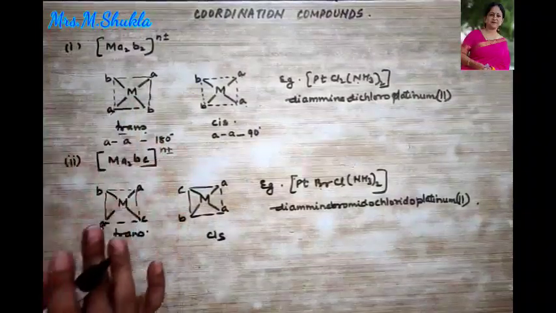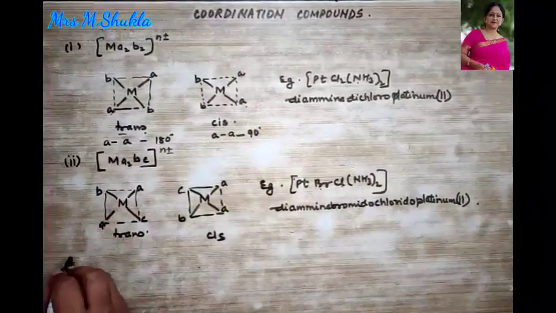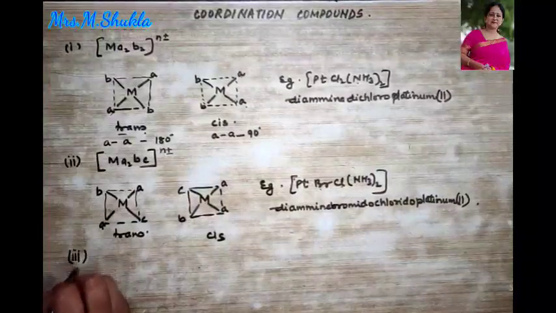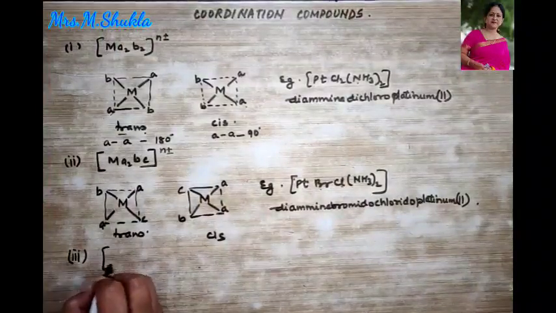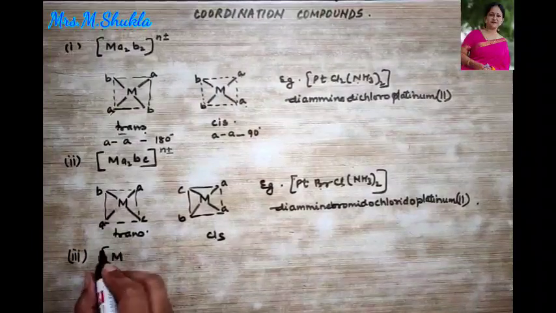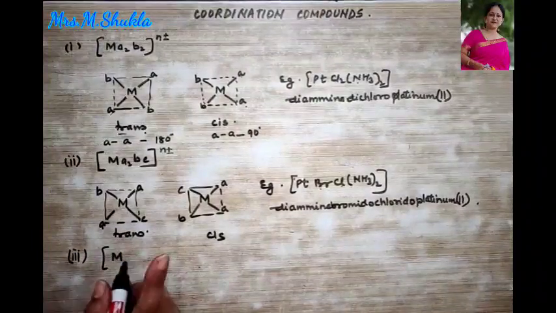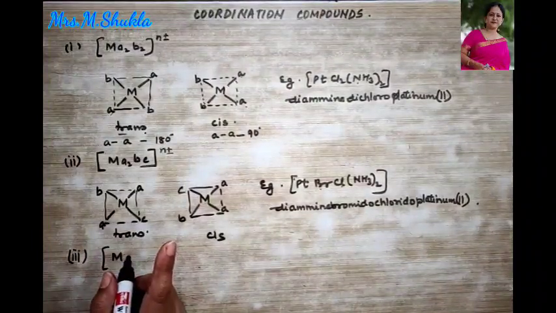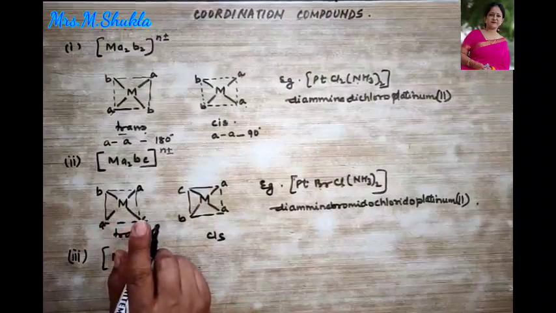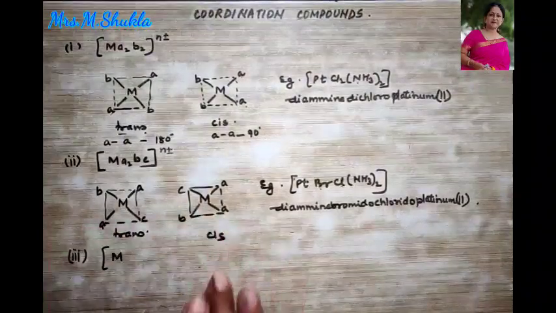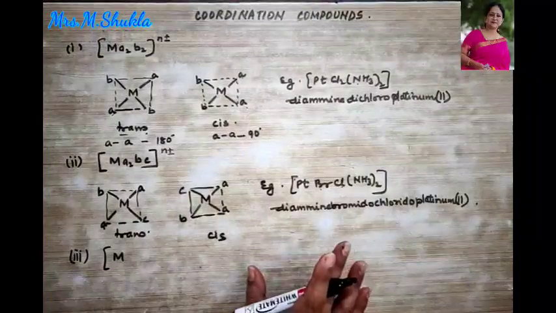I hope these two complexes are very clear to you. Now coming to the third example, where all the ligands are the same, or maybe three ligands are the same, then no geometrical isomerism will be formed.